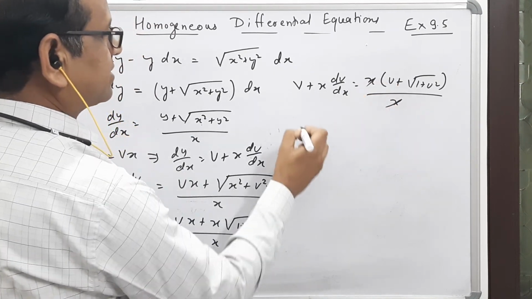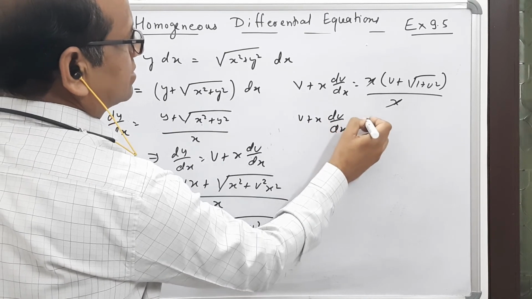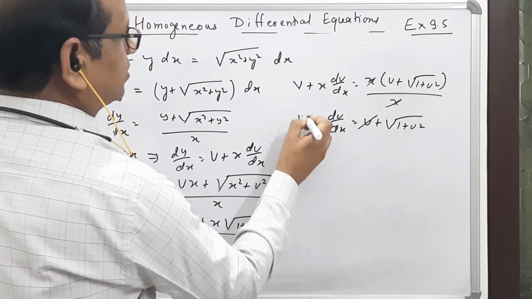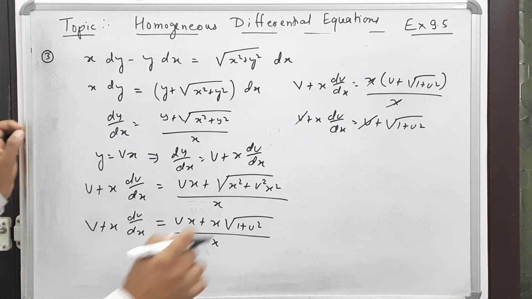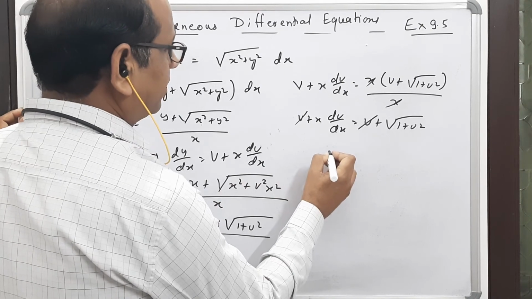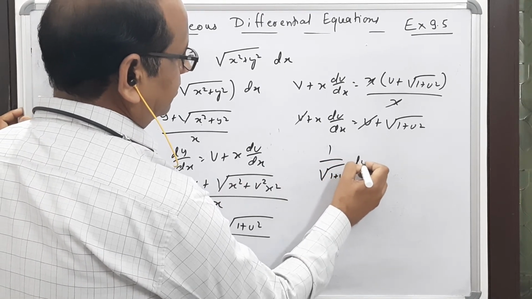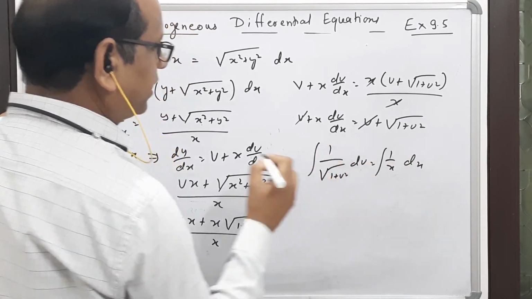So this x and x cancelled, and v plus x dv by dx equals v plus root 1 plus v square. So this v and v also cancelled. In the next step, we can write 1 upon root 1 plus v square dv equals 1 upon x dx. And now you integrate it on both sides.